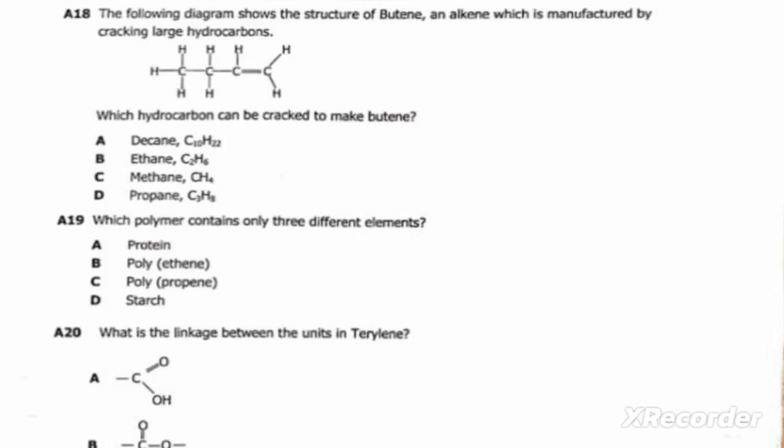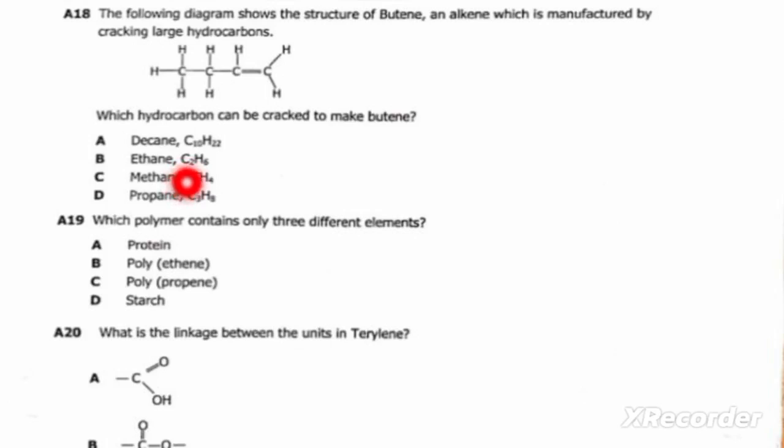Okay, so we can see that butene has 4 carbon atoms. So we cannot crack butene from propane. Propane has 3 carbon atoms, and we cannot crack butene from methane. Methane has 1 atom of carbon, and we cannot remove butene from ethane.